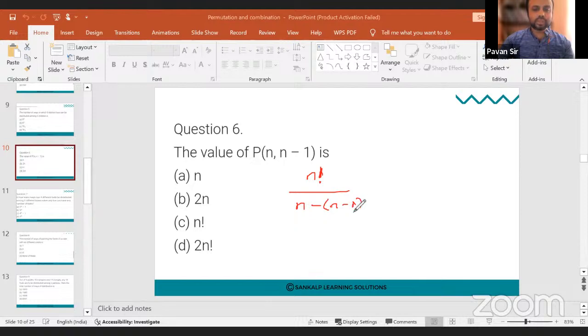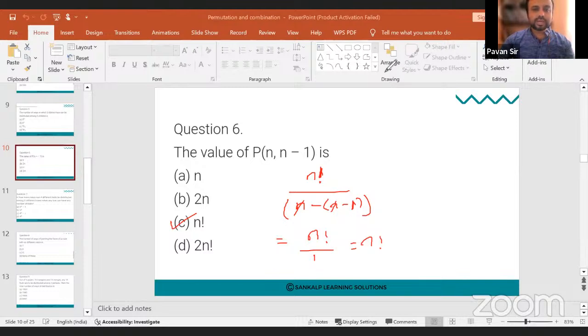Here n minus (n minus 1) factorial, and the n's get cancelled, and minus of minus 1 becomes plus 1. So it is nothing but n factorial. Hemant, your answer is right. Option C is the correct one.